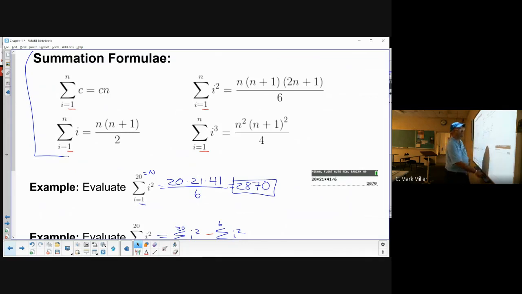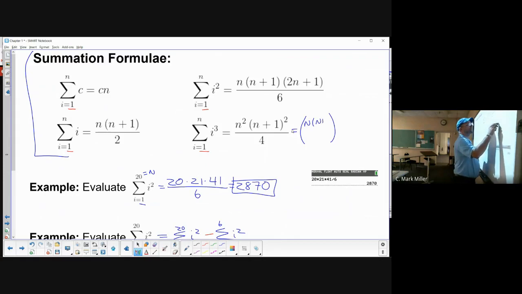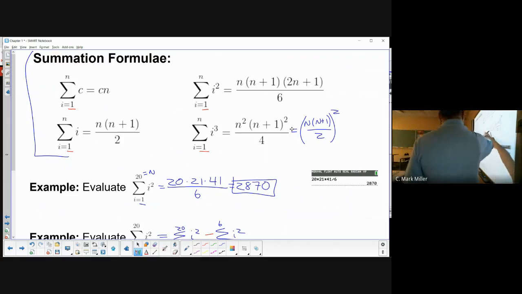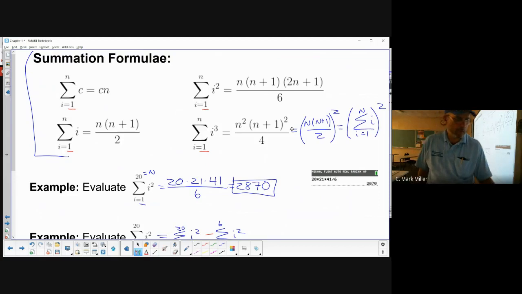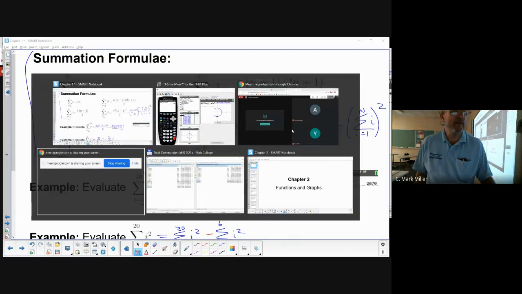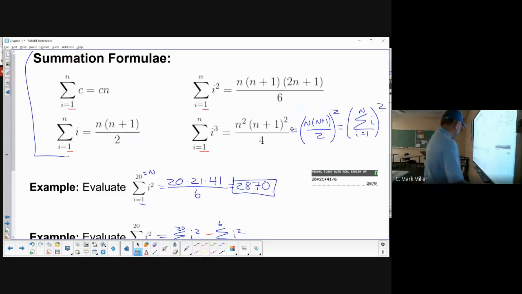So this equals that equals this squared, and that inside equals that. Okay. So over here, down a bit.